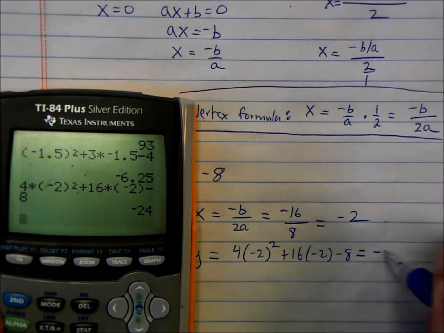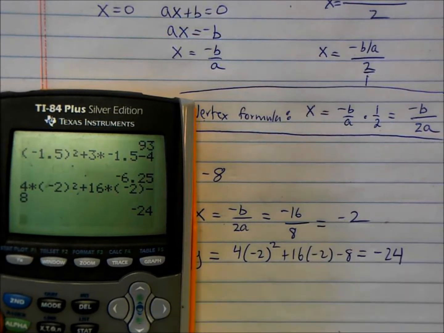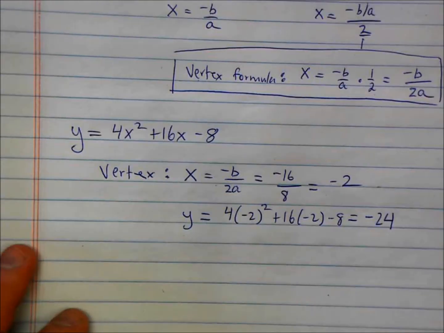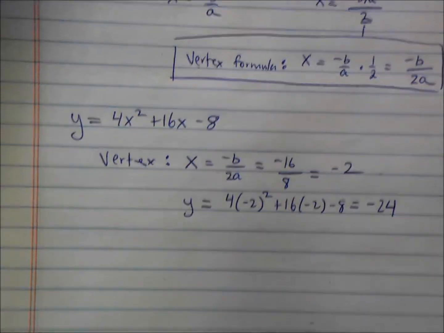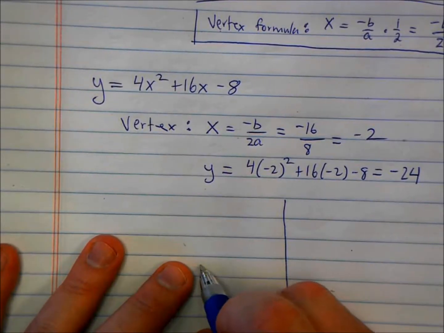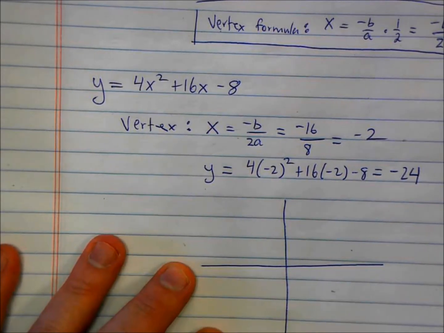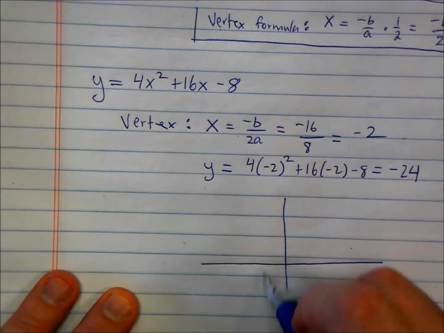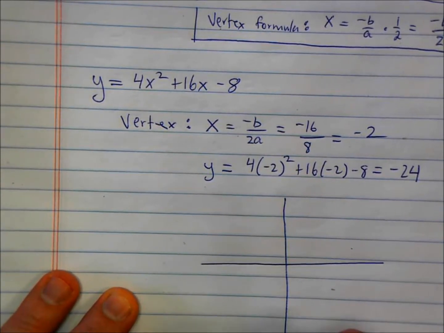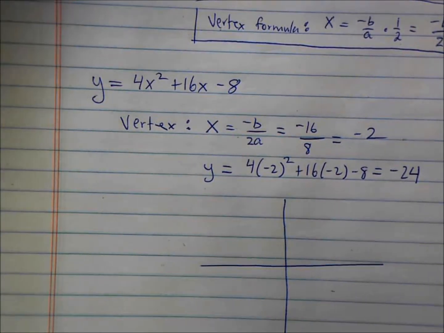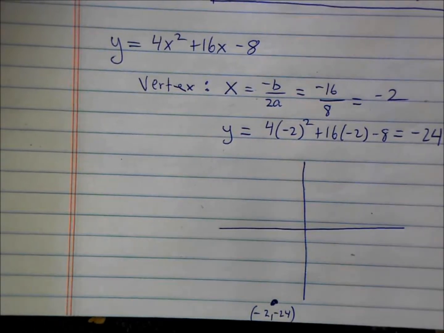I get negative 24. All right, so I can start graphing my parabola. Negative 2, negative 24 is way down there somewhere. So far down you can't even see it. There it is.